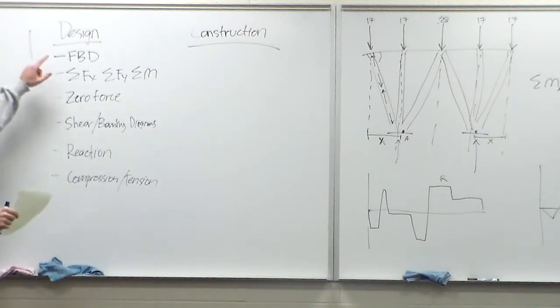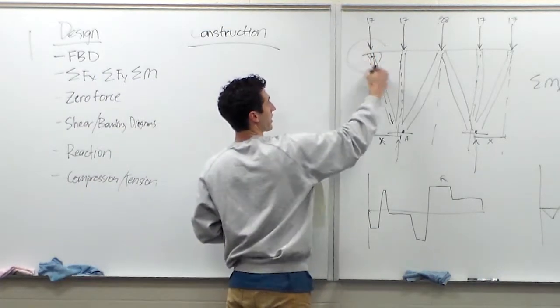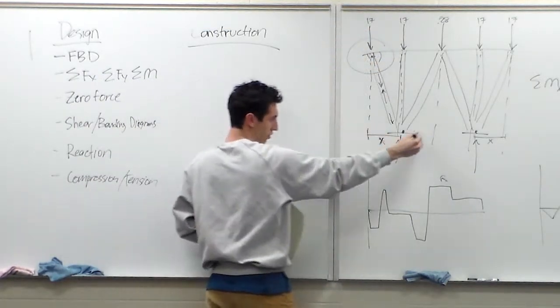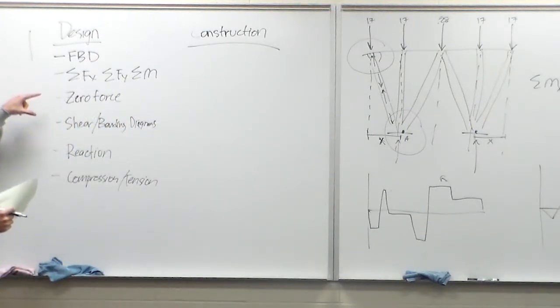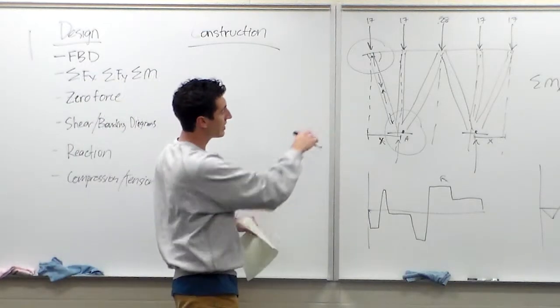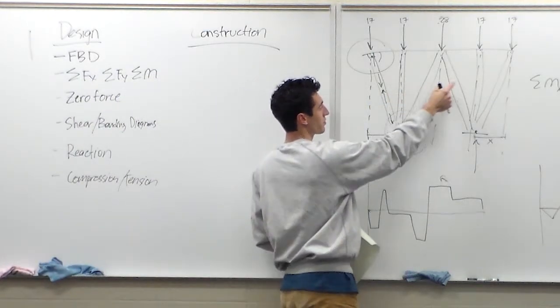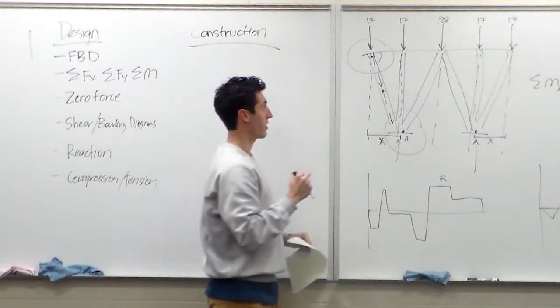Okay, so you can draw free body diagrams to do the compression and tension at a certain point. Take a free body diagram there or here. Zero force members, let's talk about that. Are any of these 6 zero force members? No, right?